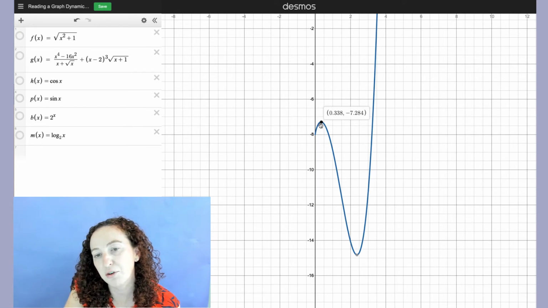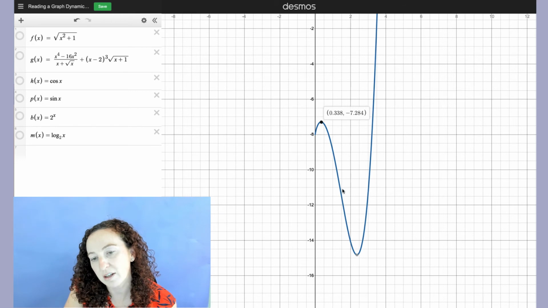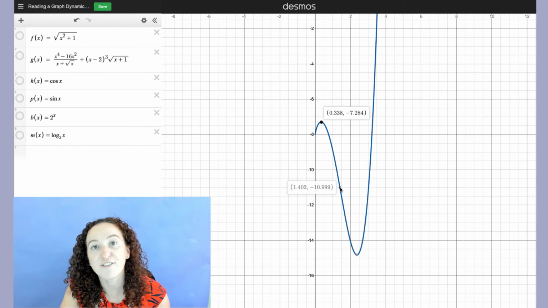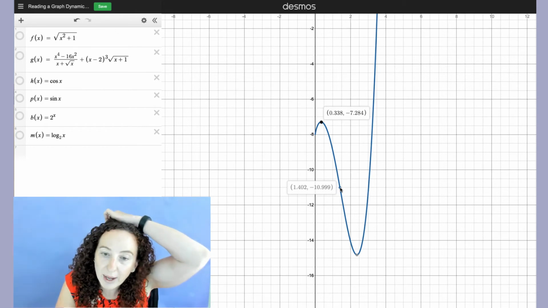It goes from increasing to decreasing, and it is becoming more and more steep. Then, somewhere in here, Desmos sometimes can find the point for me, it starts becoming less steep. Again, that is called an inflection point, something that we will come back to.